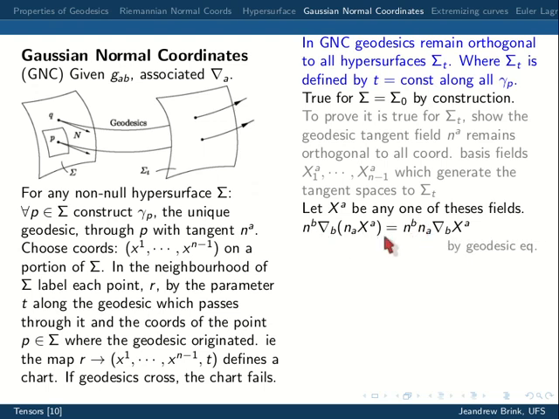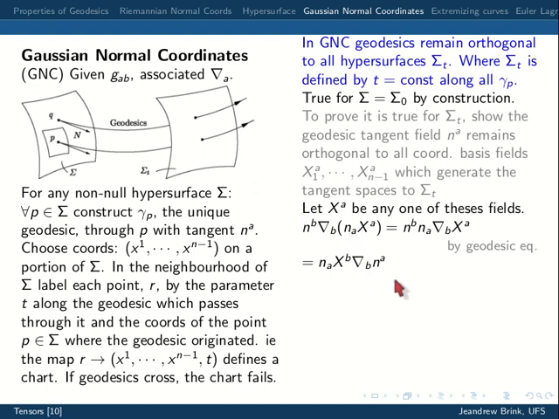You get that this is equal to N^B times N_A times the derivative with respect to B of X^A, okay. And the second one, where you have N^A, gradient of N_A, that is 0 because of the geodesic equation.